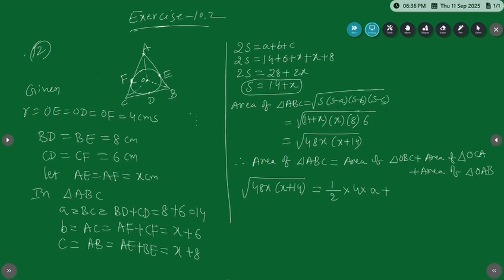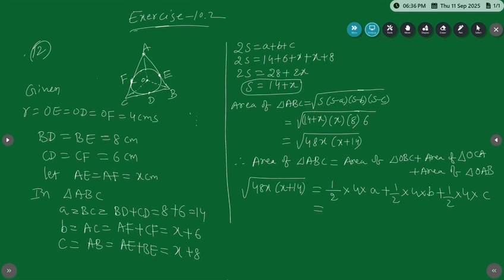So half into 4 into BC, which is a, plus the area of triangle OCA: half into height, the radius 4 centimeters, and base AC, which is b, plus the area of triangle OAB: half into 4 and base AB, which is c.